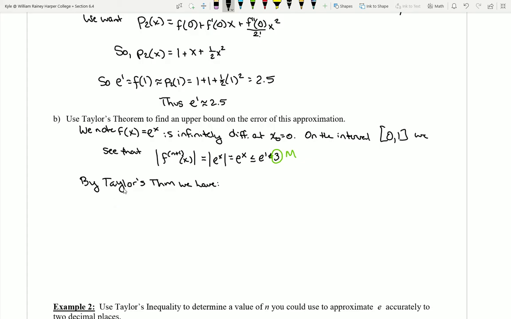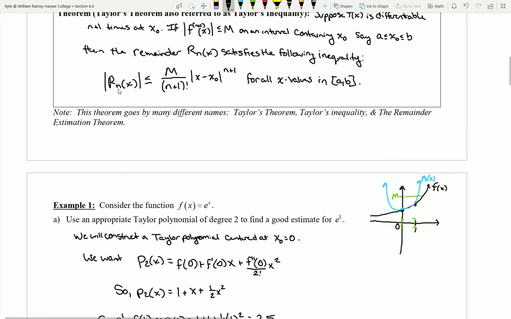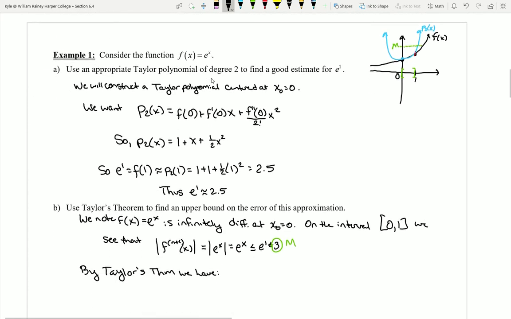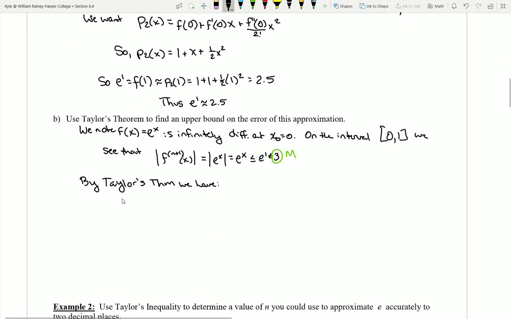Notice that in Taylor's theorem, I'm going to need to know an n, an x, an M, and an x0, and I'm going to record all those pieces of information. So here, my x value that I'm approximating my error at is 1. My x naught value is 0. My n value is 2 because I had a degree 2 polynomial. And my M value, we said, was 3.